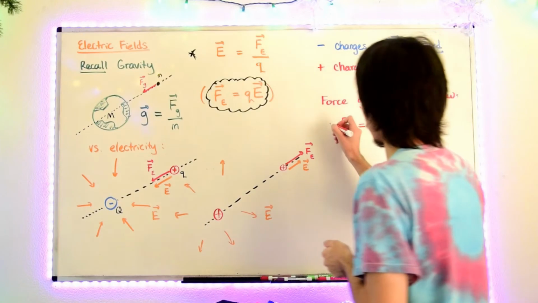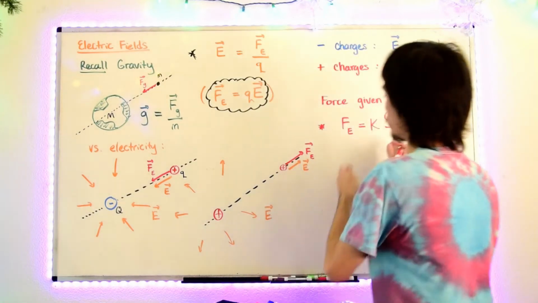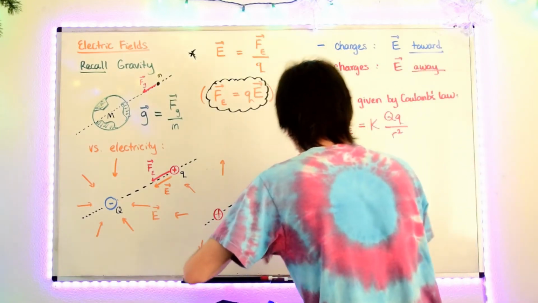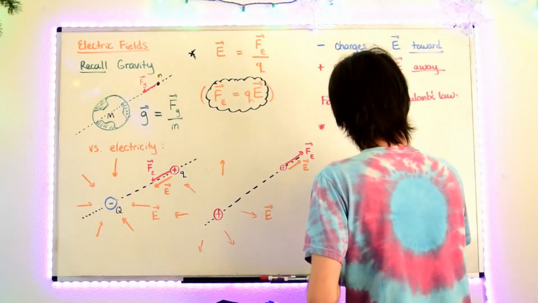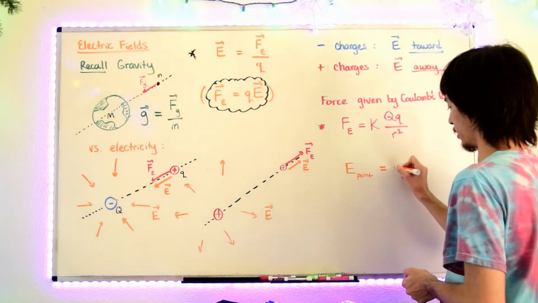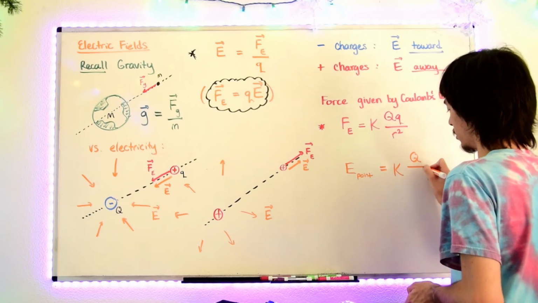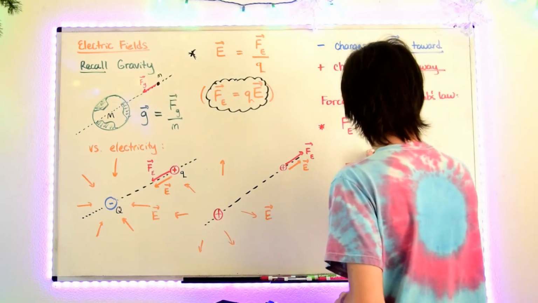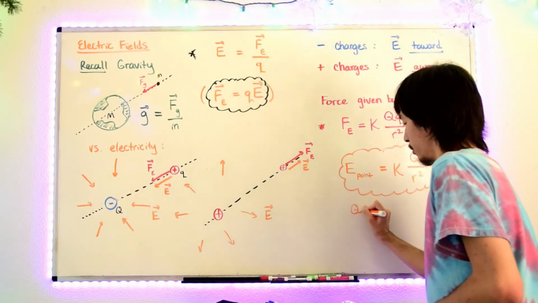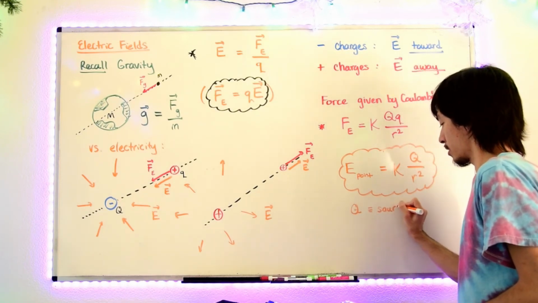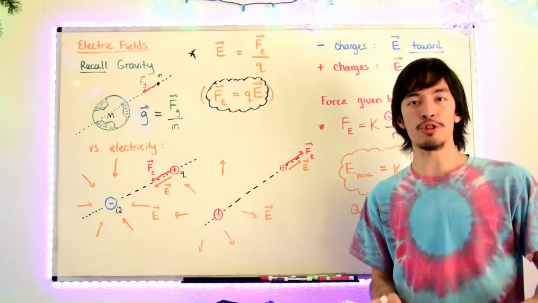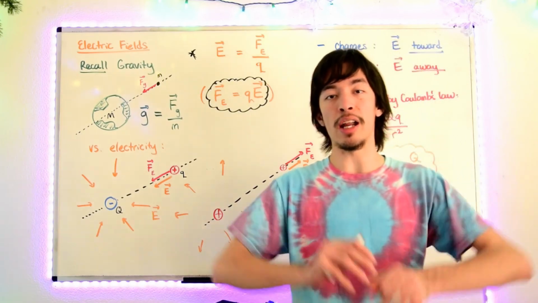If we plug this in and divide out the test charge, the expression for the electric field of a point charge is simply K, capital Q, over r squared, where Q is defined as the source charge. It is the source of the electric field that will then act on every other charge.